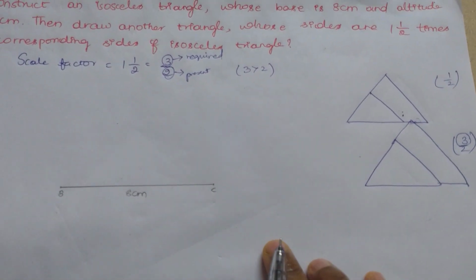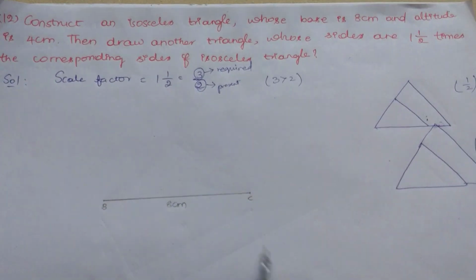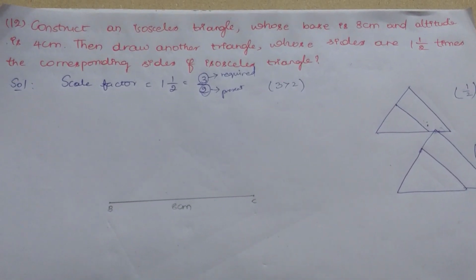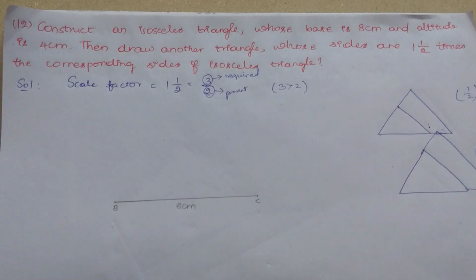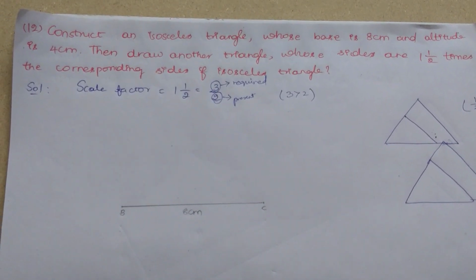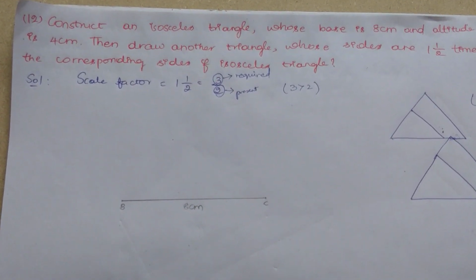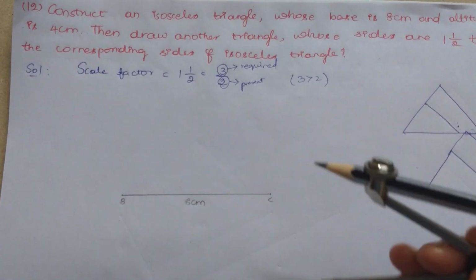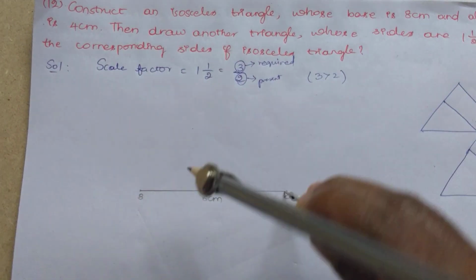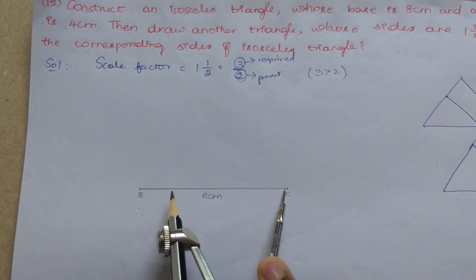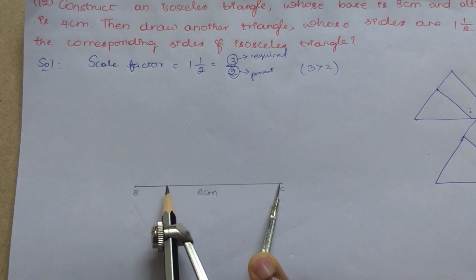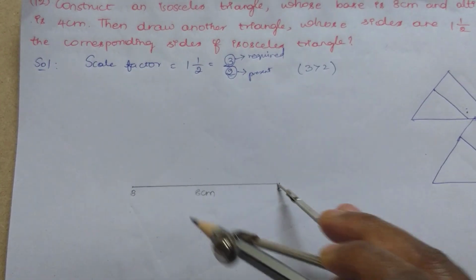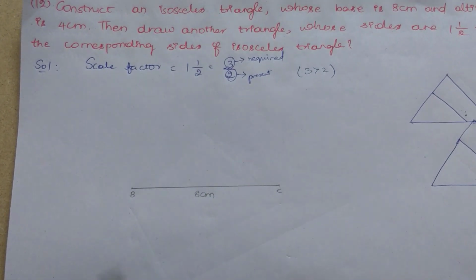Clear? So first thing, I have drawn the base of 8 centimeters. After that, what do we have to do? After the base they have given the altitude as 4 centimeters. What is altitude? I told you that it's a perpendicular bisector. So how to draw a perpendicular bisector? It's nothing but drawing arcs on both sides from both the points.